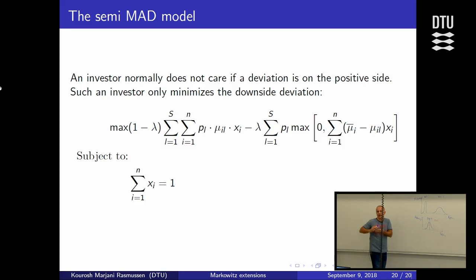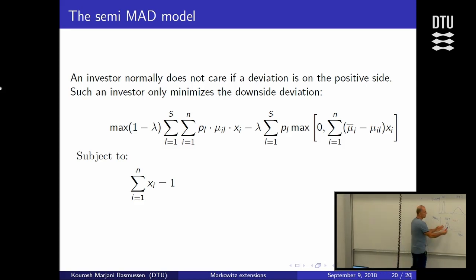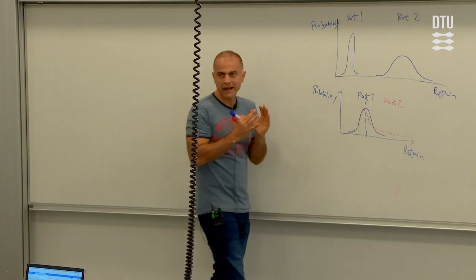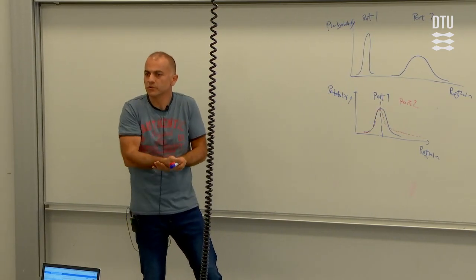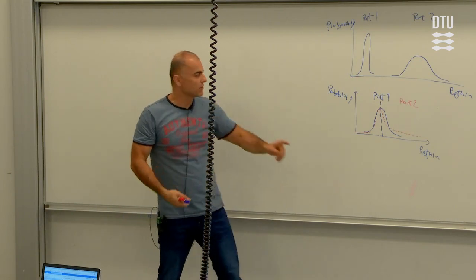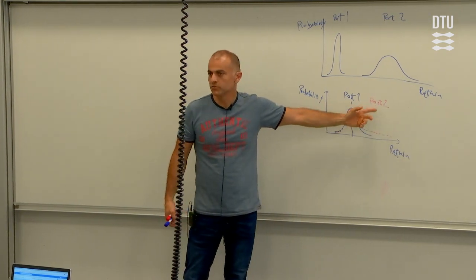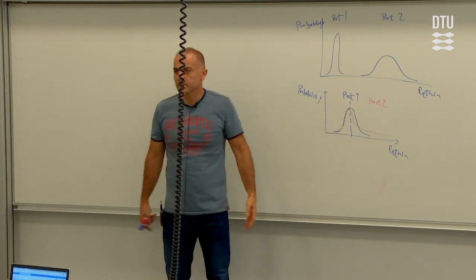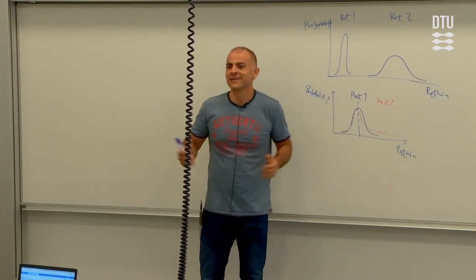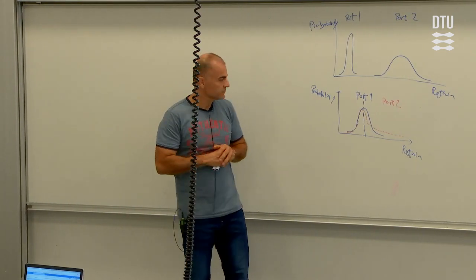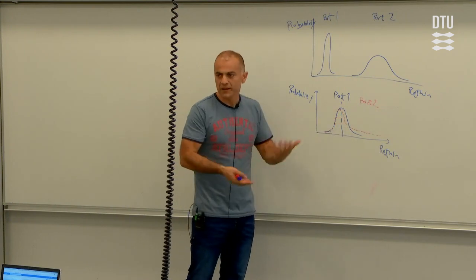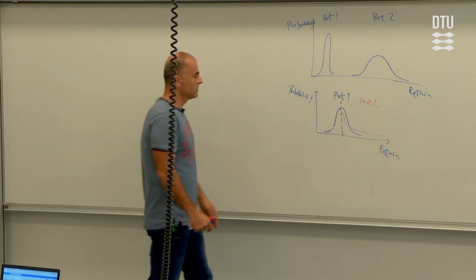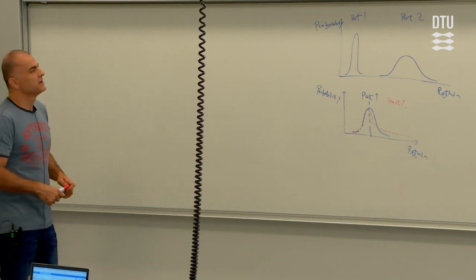So you're zeroing out all the values for the scenarios to the right of the average, and you are taking the values of the scenarios to the left of the average and contributing them to your risk. If you used that model, you would choose portfolio 2, not portfolio 1, because the model wouldn't care about all the risk to the right-hand side. And if there was some weight on the return, the average return would normally be a bit higher.